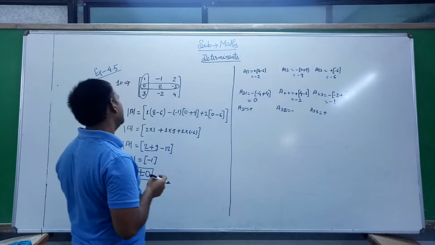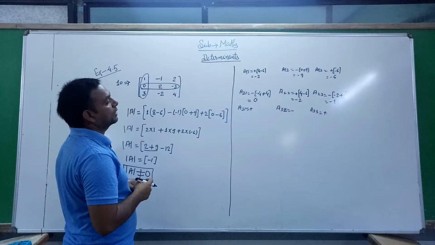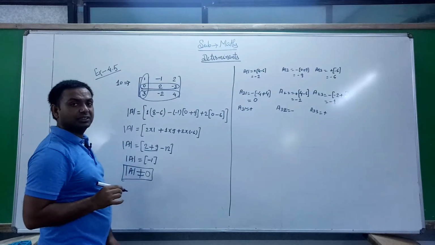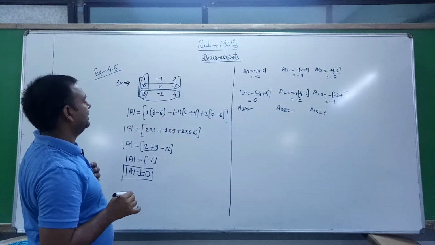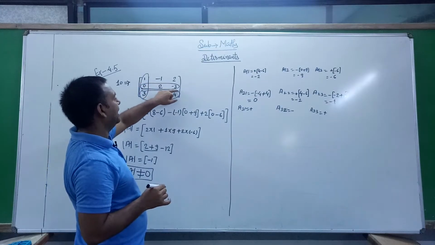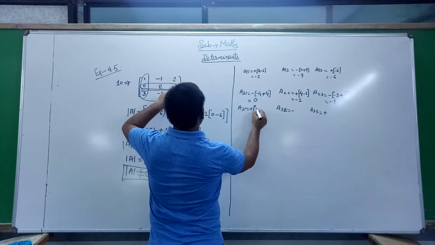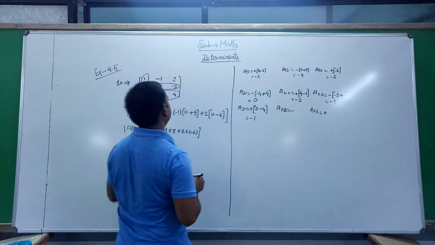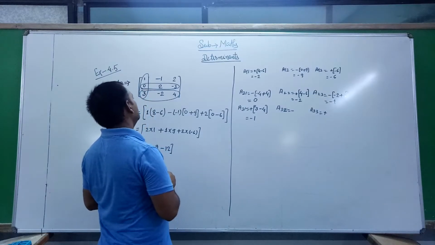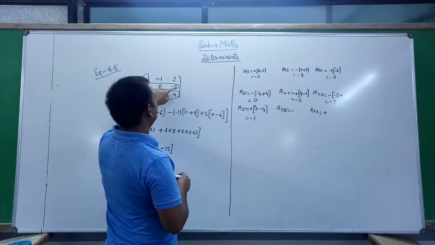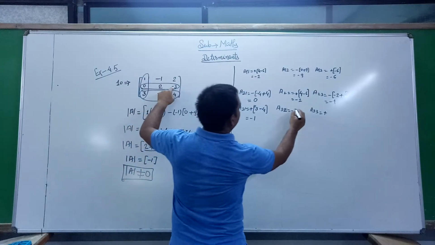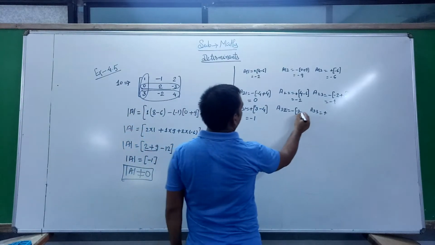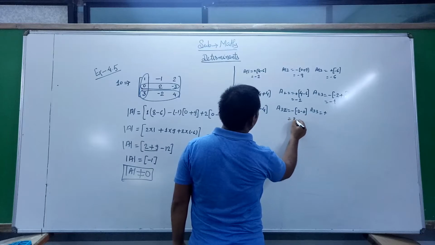Next, the third row, A31: you take the third row, first column, it means minus 1 multiplied by 3, that is 3, and 2 2s are minus 4, that is equal to minus 1. Then A32: you multiply 1 into minus 3, that is equal to minus 3, and then 0 into 2 is 0, so this is equal to 3.